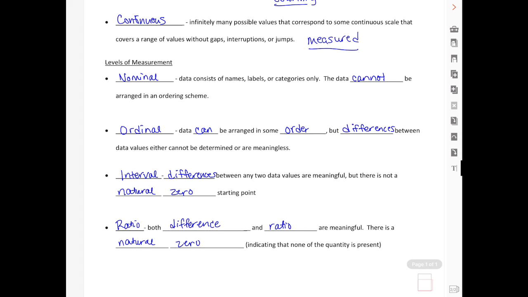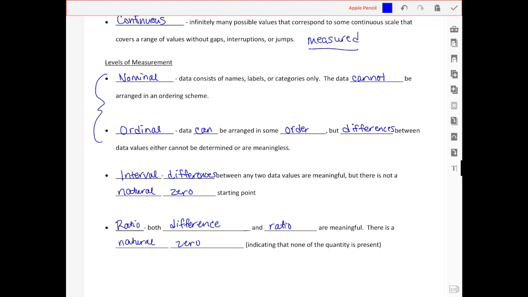Okay? So the nominal and the ordinal, this is our discrete data. These are things that we've counted. Interval and ratio, that's your continuous. So those are things that you measure.